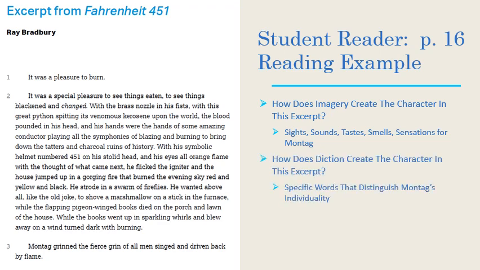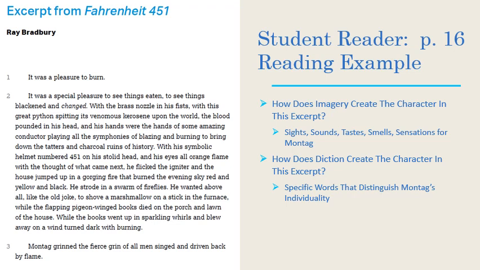The second question is, how does diction create the character in the excerpt? So specific words that distinguish Montag's individuality, what choices are being made to really characterize Montag as an individual here.